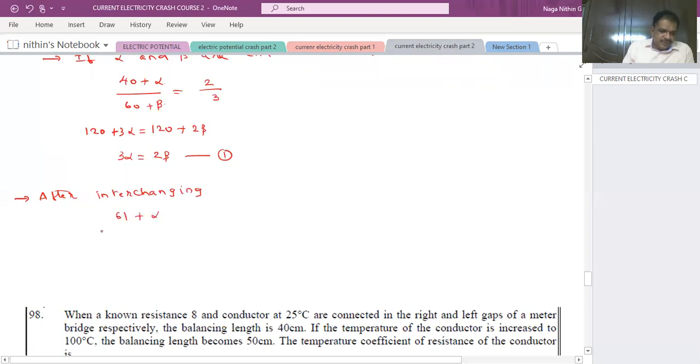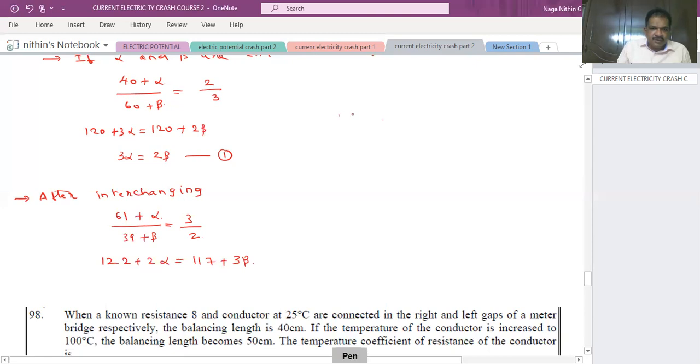(61 plus alpha) by 39 plus beta is equal to 3 by 2. 122 plus 2 alpha is equal to 117 plus 3 beta. Okay. Let it be. So how much this will be? 2 alpha minus 3 beta is equal to like this. You bring this 2 alpha to this side.